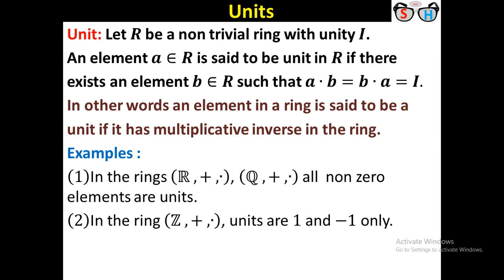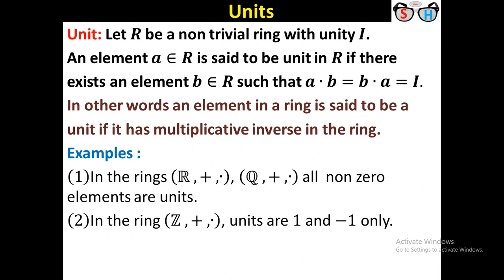If you want to get the result as 1, then you have to multiply 1 by 5 with 5. That is, 5 into 1 by 5 is 1, but 1 by 5 is not an element in Z. So 5 has no multiplicative inverse in Z plus dot. So here the only two elements, 1 and minus 1, have multiplicative inverses. In other words, 1 and minus 1 are units in Z plus dot.